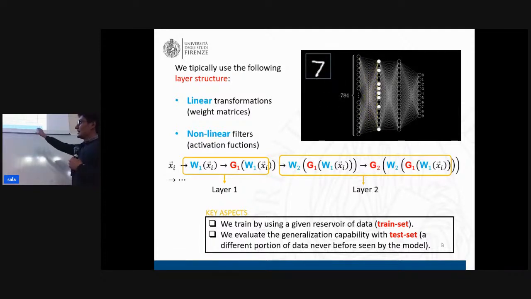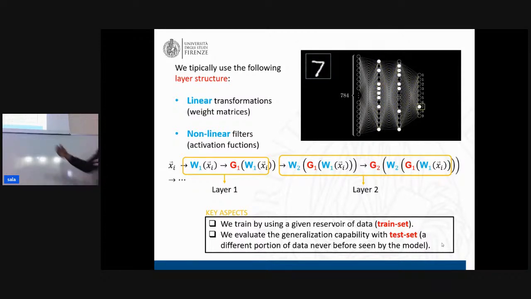A key thing is that usually we train using a huge, potentially, reservoir of data, in this case images. But what we want to know at the end of the training is whether this network has really learned something, just as we do with a student: we want to know that the student understood the task and didn't memorize the book by heart without understanding the concepts, right?